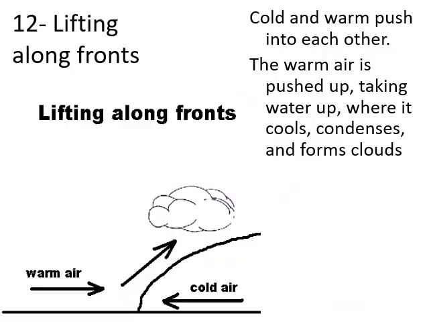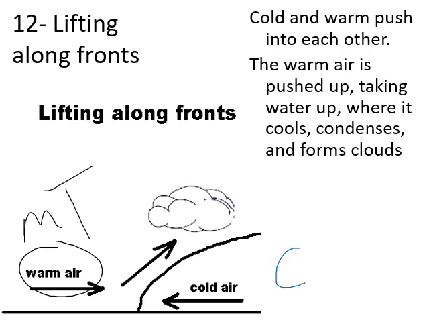A front is where two air masses meet. And what happens is our warm air, which generally has more water in it, remember, because warm air can hold more water than cold air, and our warm, wet air coming from that maritime tropical system out of the Gulf is moving over Georgia and trying to move up to the United States.